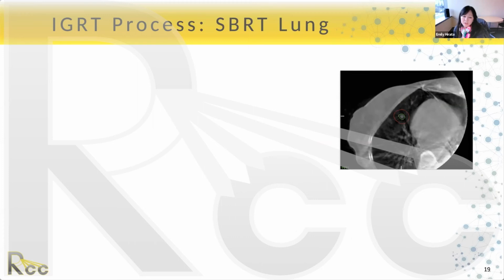So if your couch has 6 degrees of freedom, you can do that. You can also try to manually rotate the patient. That's a bit trickier. You're definitely going to want to re-image the patient if you try to adjust the roll of the patient. A better option if you don't have a 6D couch is you do the match and then you zero out the rotations.